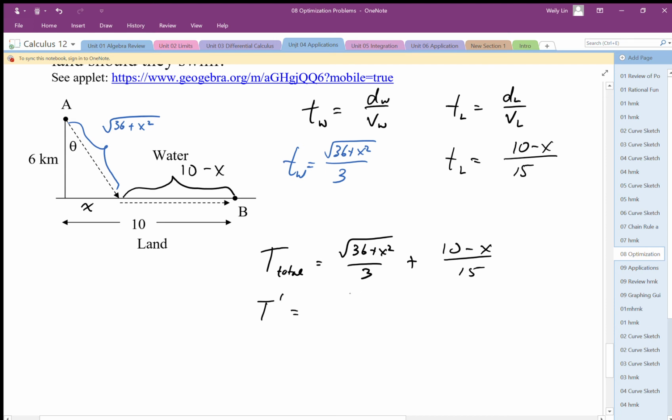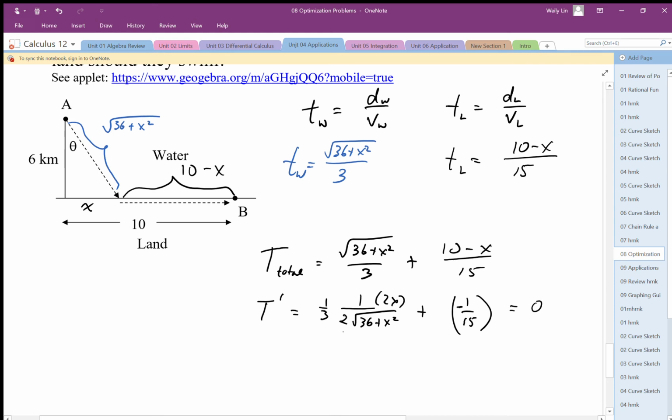I'm going to end up with 1/3 times 1 over 2 square root of 36 plus x squared times 2x using the chain rule. The 10 over 15 is a constant, which is 0. So I differentiate negative 1 over 15 times x, and my slope is negative 1 over 15. And I want to find out when that's equal to 0.